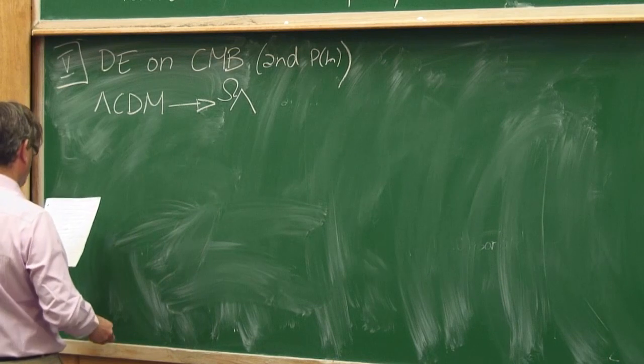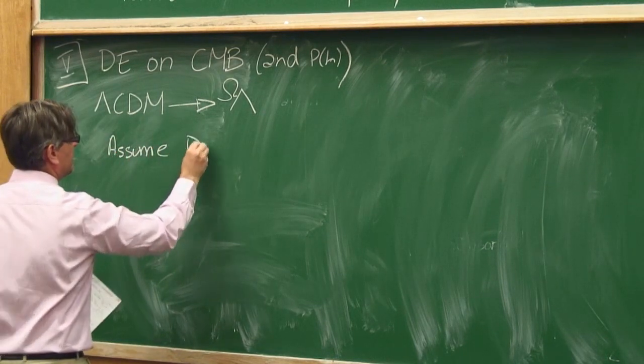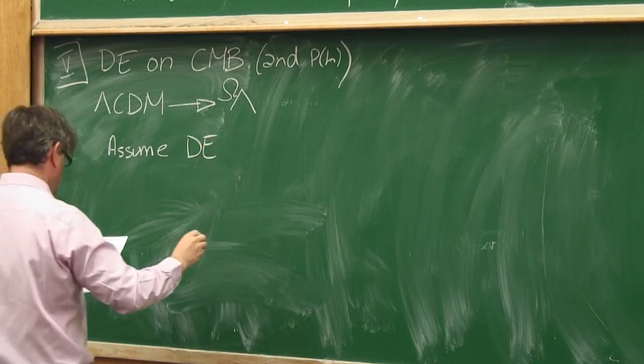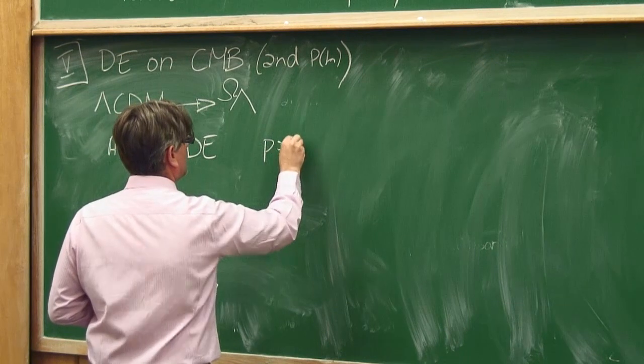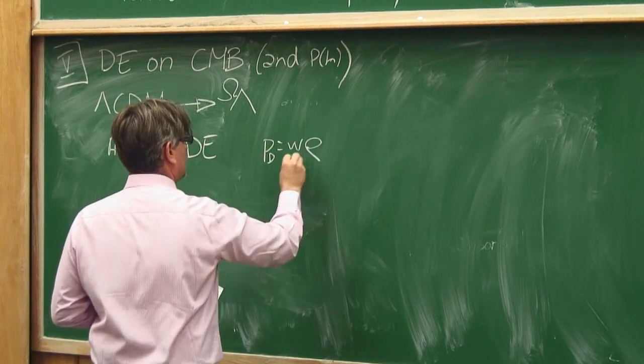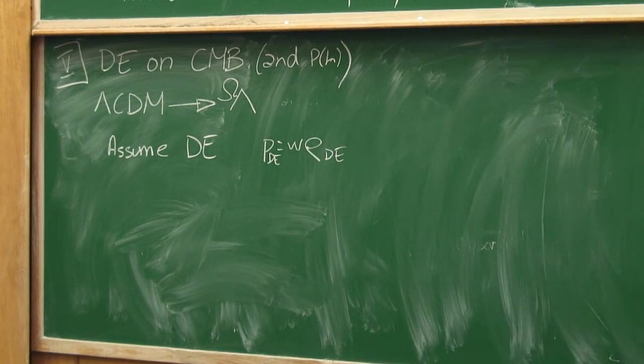Beyond omega lambda, what can we assume? We can assume, of course, that dark energy would be dynamical, with an equation of state P equals w rho. This equation of state could even be time dependent. This is only a modification of the background.